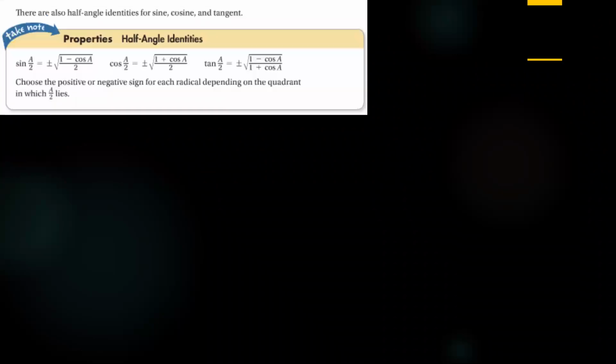So after we talk about the double angle identities, now let's talk about the half angle identities. Sine of the angle A over 2 will be positive or negative square root of (1 minus cosine A) over 2.